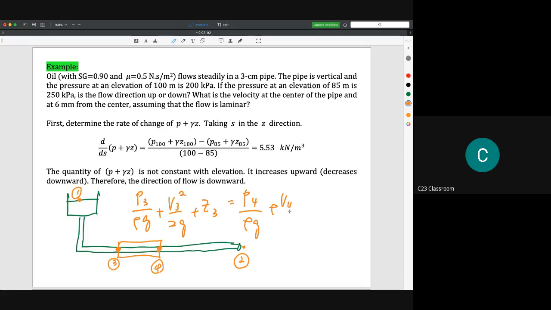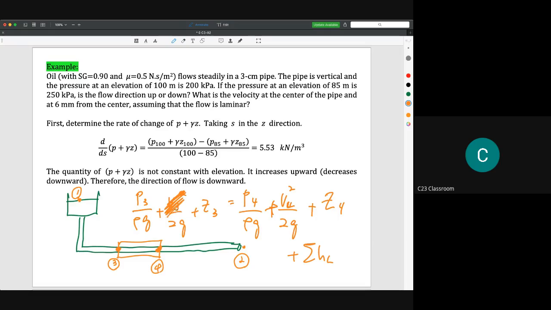So we have this one, plus V4 squared over 2g, and then Z4, and then we have losses. In this situation we cannot simplify or cancel the pressure, because in flow in a pipe, pressure exists. But if the diameter is constant, meaning the cross-sectional area is constant, then the velocity is constant.